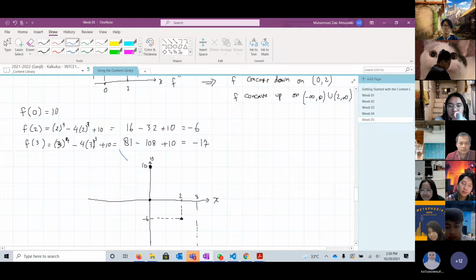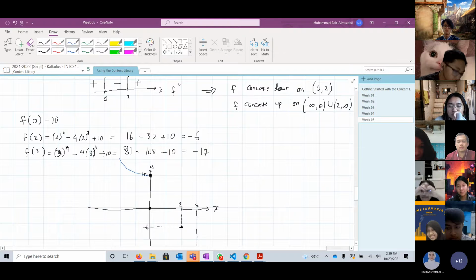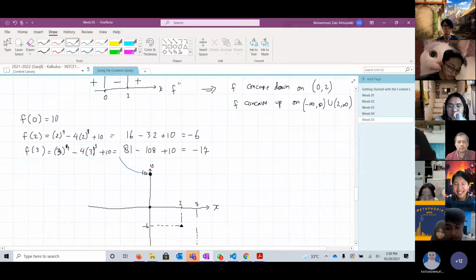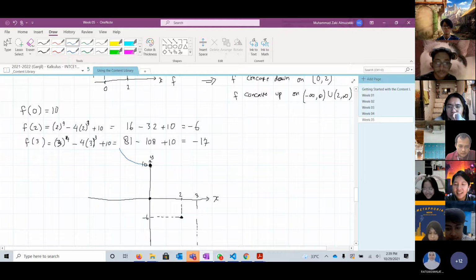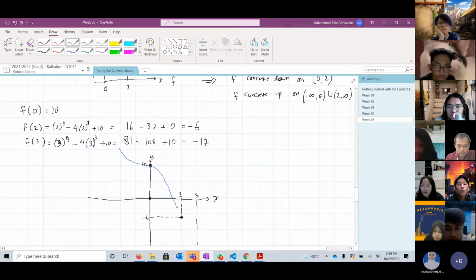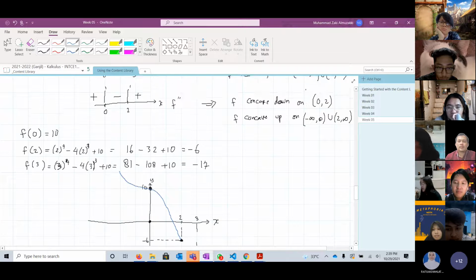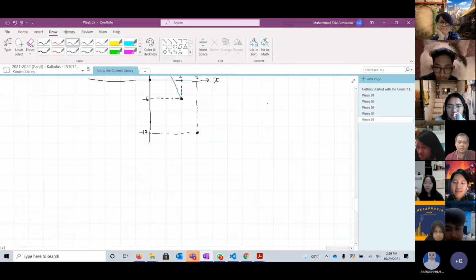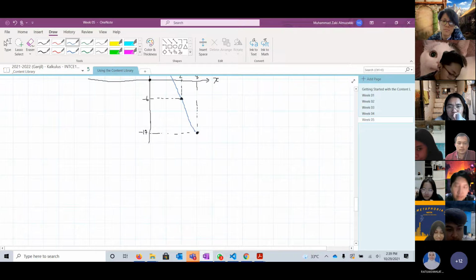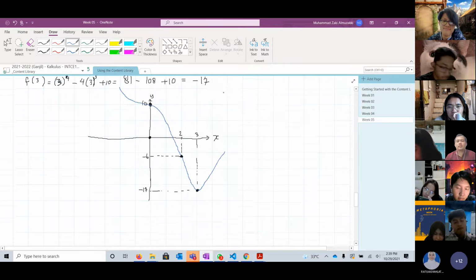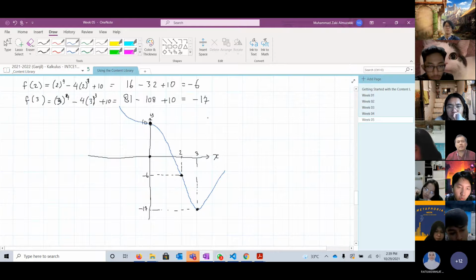It should be something like this, concave up. Then from 0 to 2 is concave down, so we have a point of inflection here. After 2, it is concave up, still decreasing until 3 and then increasing after that. So here we have the rough sketch of this function.